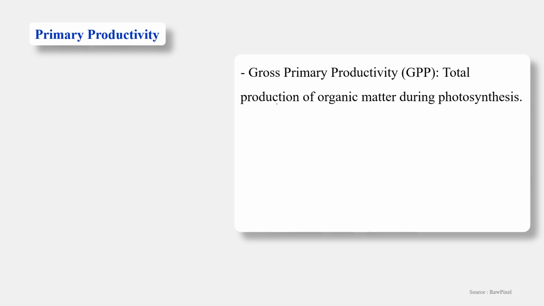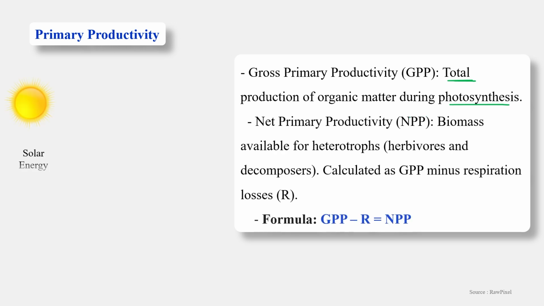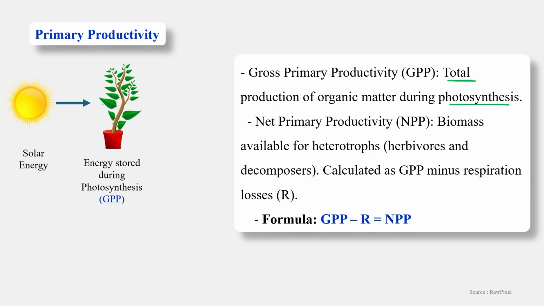So the gross one. Gross primary productivity means total production of organic material during photosynthesis. As you can see, this is sunlight, and in the presence of sunlight, this plant is able to produce some kind of food, some kind of organic material, and that is known as gross primary productivity.